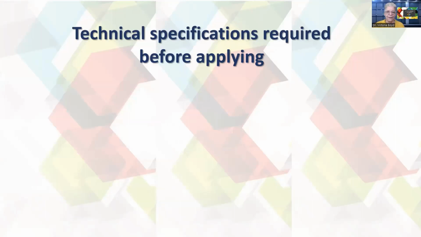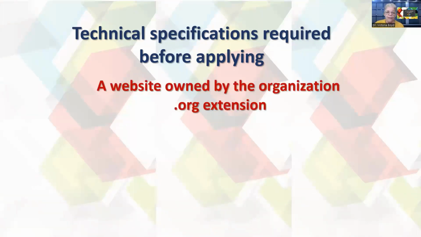Now, I talked about these technical specifications, and I always push it down a little bit further because these are some things you really need to pay attention to, but unfortunately, it's a high learning curve and you might not understand them all. Your website must be owned by the organization with a .org extension.